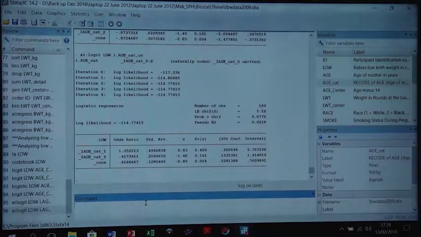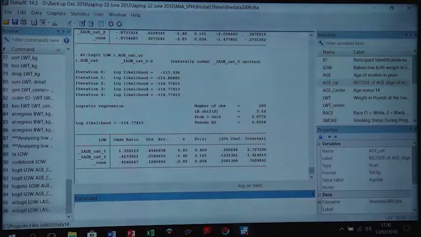And you see the odds of low birth weight comparing a mother who is 20 to 29 years to a mother who is 14 to 19 increase by 35%. Or the odds ratio of low birth weight comparing a mother who is 20 to 29 years to one who is 14 to 19 is 1.35. Now you go back to interpretation of odds ratios in epi, and this is unadjusted.